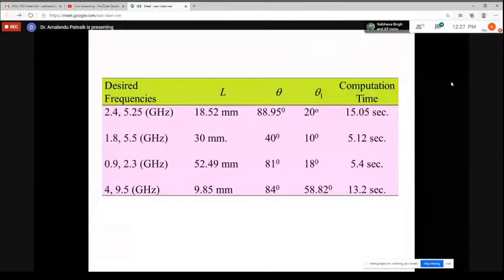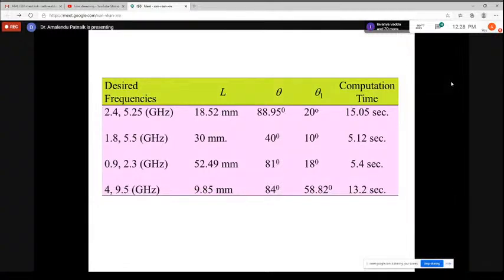Now think of a situation. Suppose you have not used ANN in this example. So what is the other solution? You need to insert an RF optimizer inside a PSO or any other optimizer. So in each iteration, the optimizer will create a possible solution.